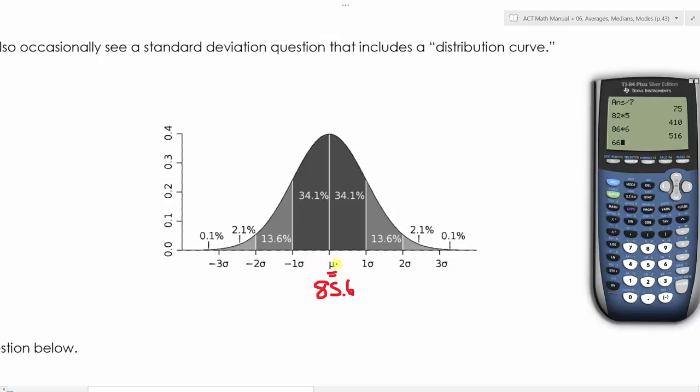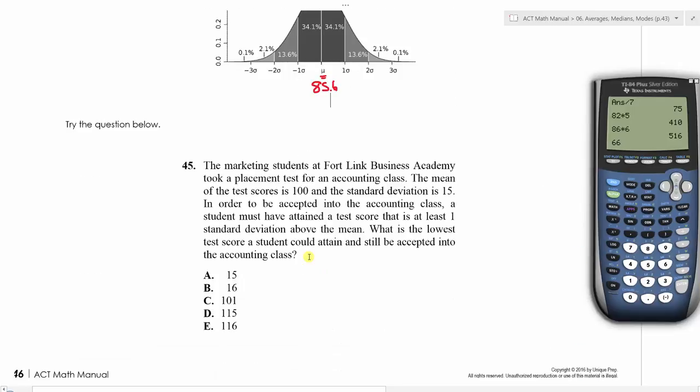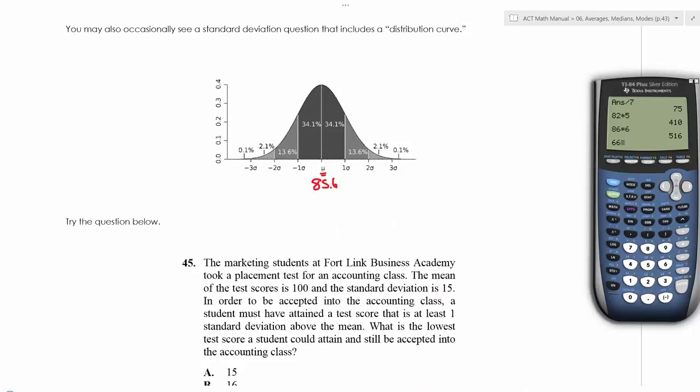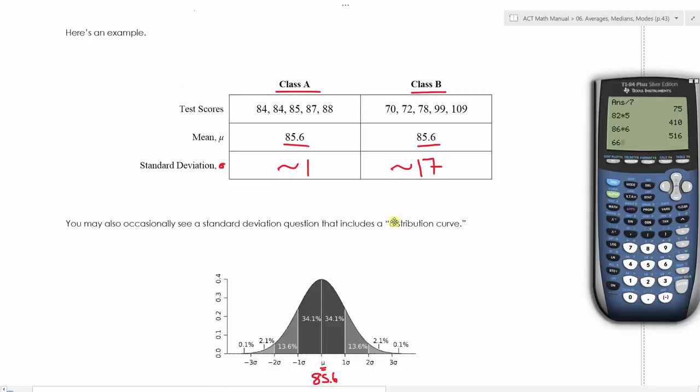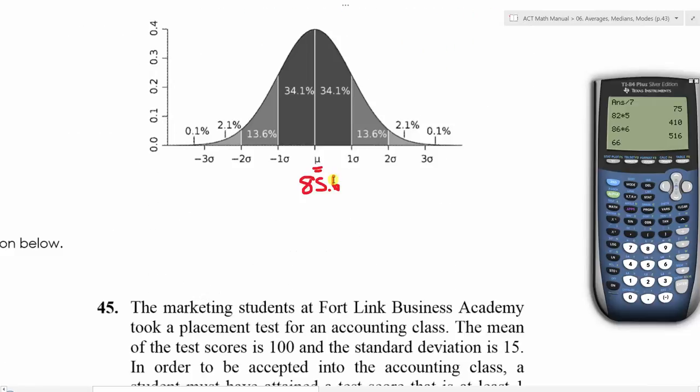If we talk about going one standard deviation below that 85.6, and our standard deviation was, I believe, 1.8, something like that. Again, not that important that we know exactly what it was, but if our standard deviation is 1.8, so going one standard deviation below the 85.6, so this is one standard deviation below the 85.6.